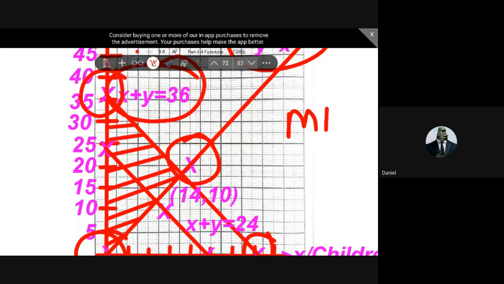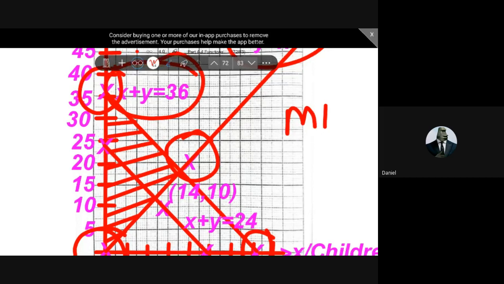Yeah, correct, Daniel. So yes or no? 14, 10, does it satisfy or not? Koordinat ni memuaskan tak kawasan berlorek tu? Does it satisfy? Come on guys, response. No idea, never mind, tell, don't worry.